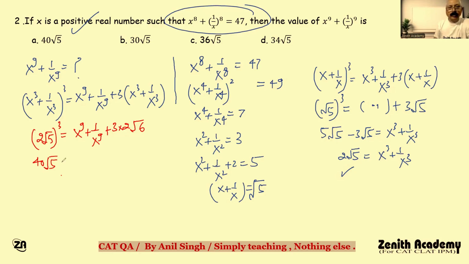And this 3 into 2 is 6, so 6 root 5. So finally, 40 minus 6 is 34. x to the power 9 plus 1 upon x to the power 9 is equal to 34 root 5.